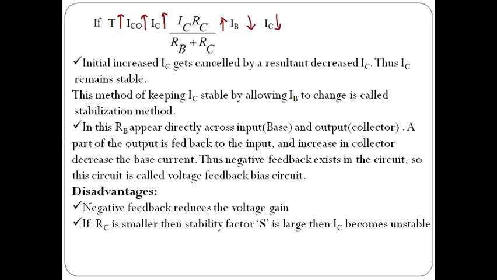This method of keeping IC stable by allowing the change, that is, if an initial increase in IC causes a decrease in IC, is called the stabilization method.